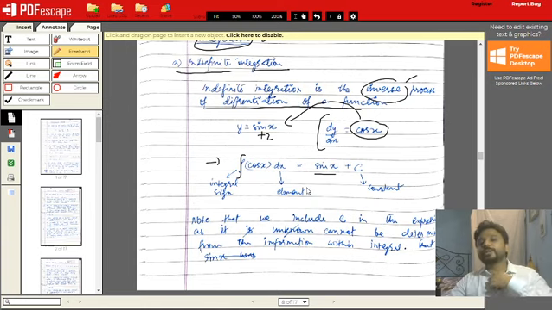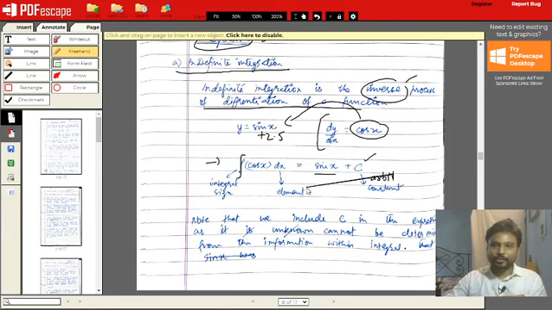So how do I know that there was no 2, or there was 2000 in its place, or it was some 2.5? I do not know what constant that was. So we put an arbitrary constant over here, which is called the constant of integration.